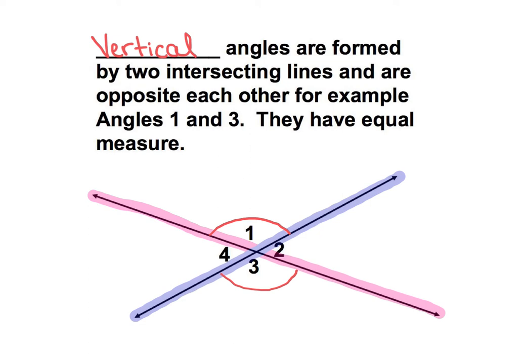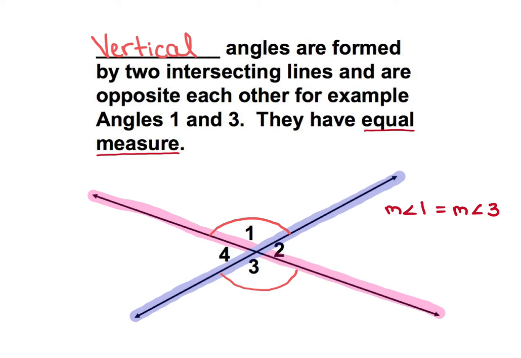The important thing that you have to know for this is that they have equal measure. So we know that the measure of angle 1 is equal to the measure of angle 3.